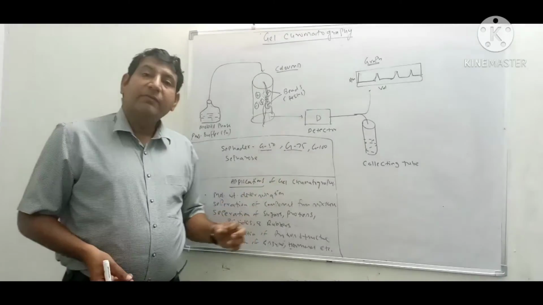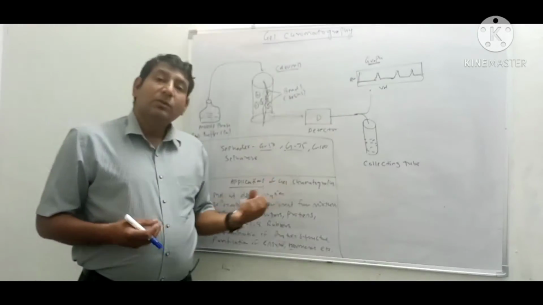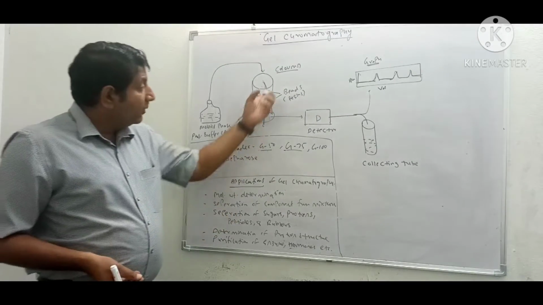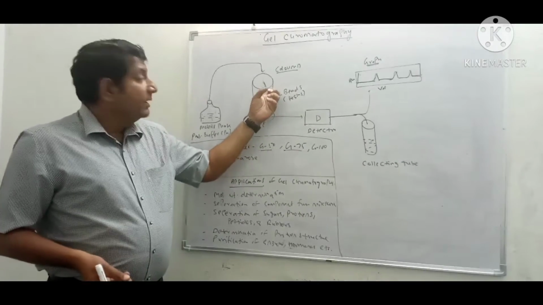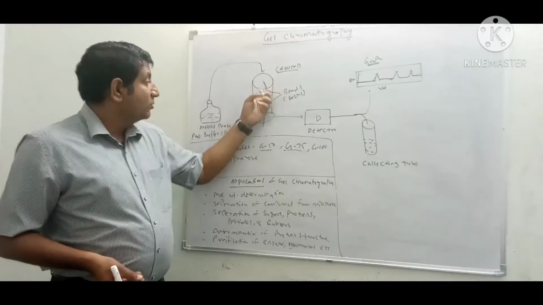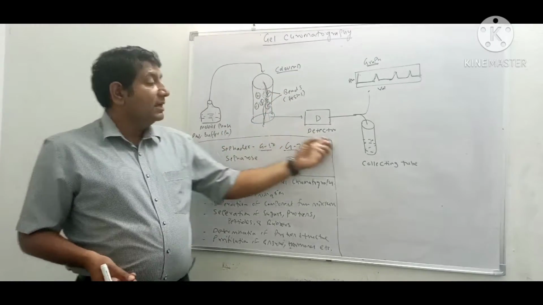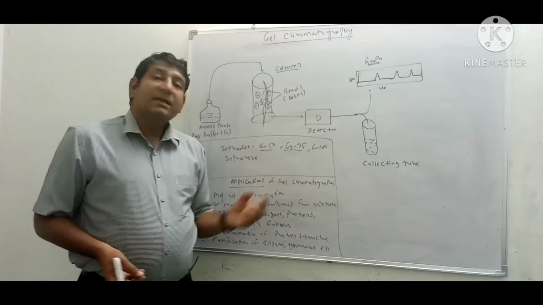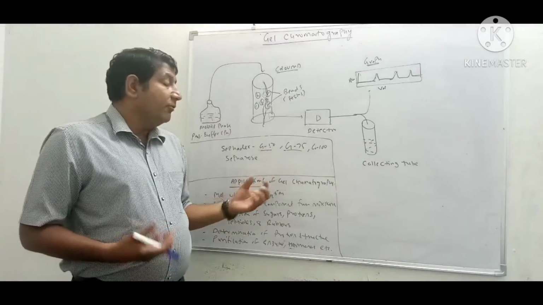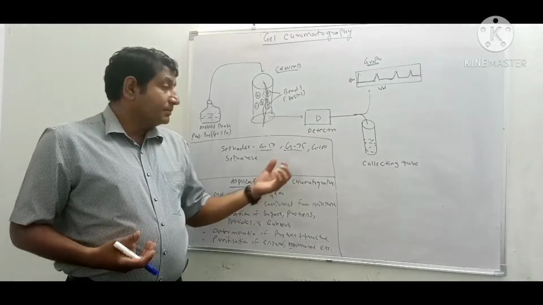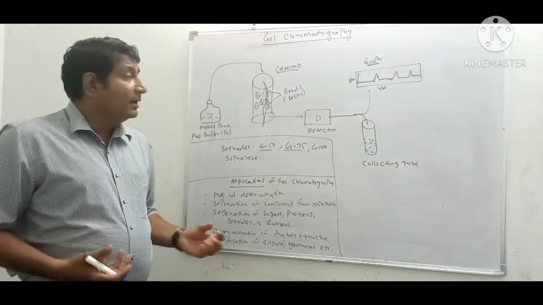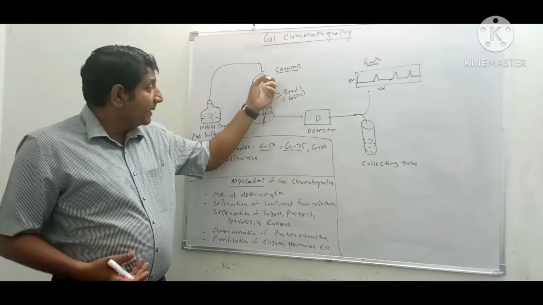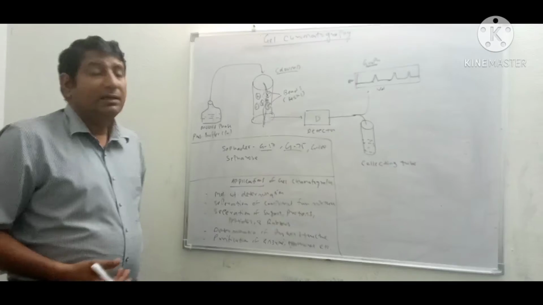Similarly, G75 means the particles whose molecular weight is more than 75 kilodalton cannot enter into the pores of these beads, pass through the voids and are collected through the collecting tube. Similarly, Sephadex G100 means particles of size more than 100 kilodalton cannot pass through the pores, but they pass through the voids which are present in the column.